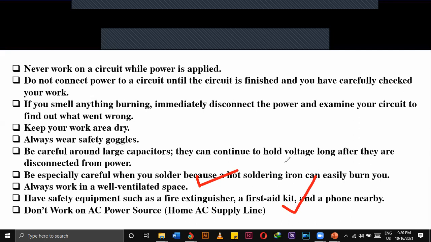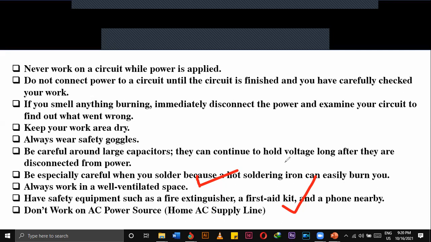Last but not least, and this is the important one: don't work on an AC power source. I highly advise my students not to work on AC current. It is very dangerous. Just work on small DC batteries, maybe 3 volt, 5 volt, or 12 volt. That's not a problem.